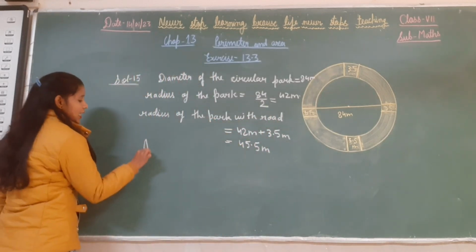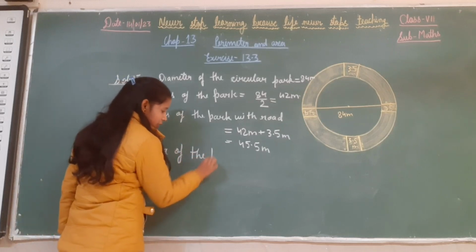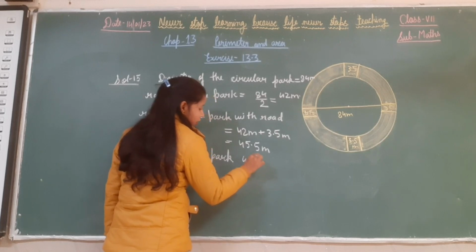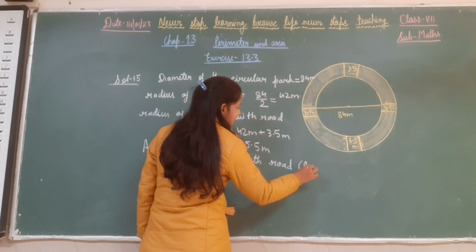So write down here area of the path with road. What will be the area of the path? We will write it as A1. Okay class?